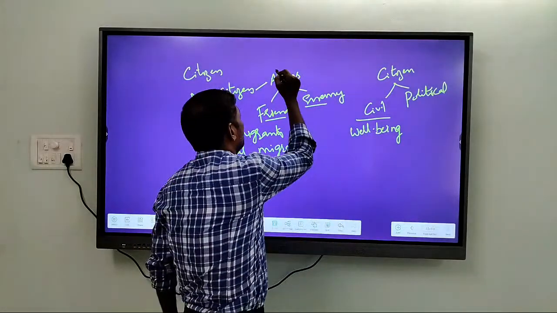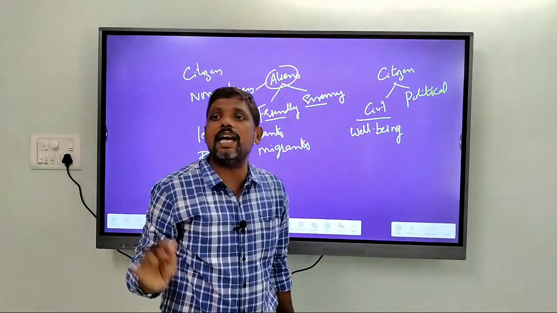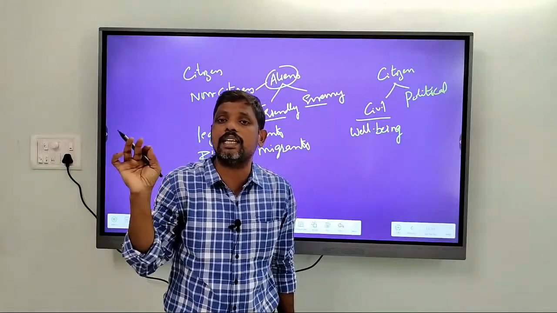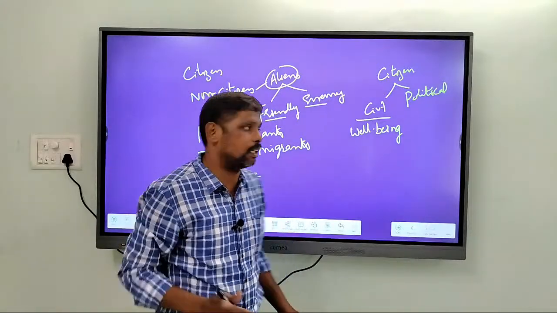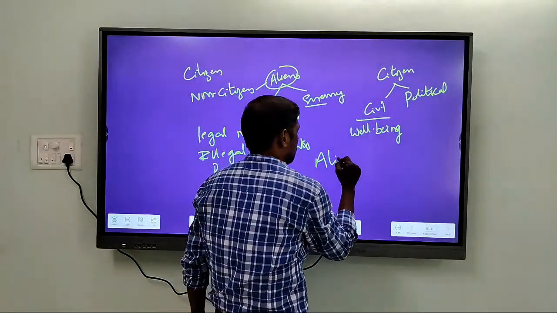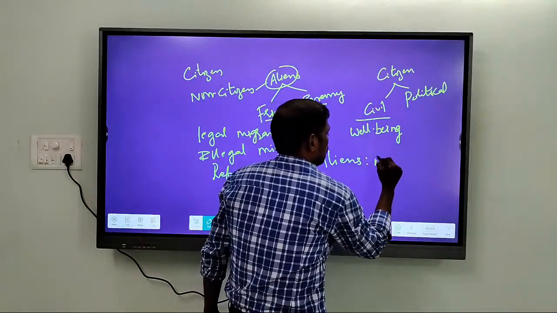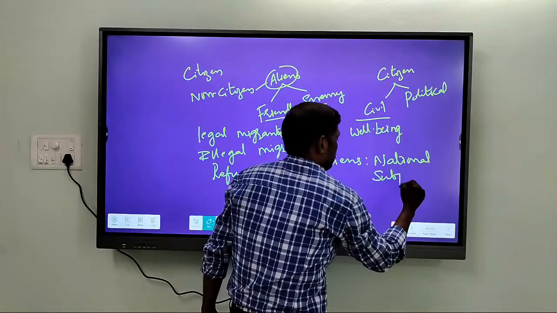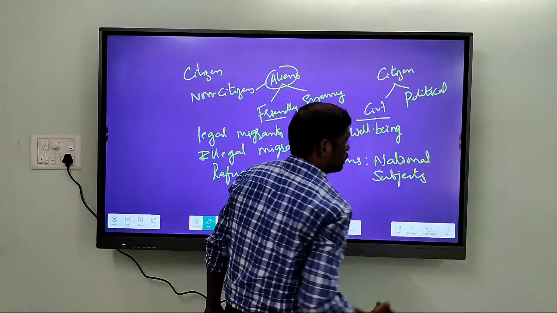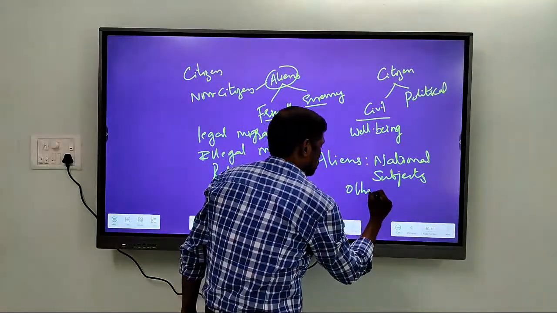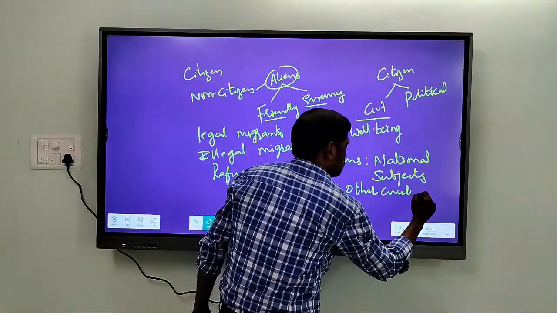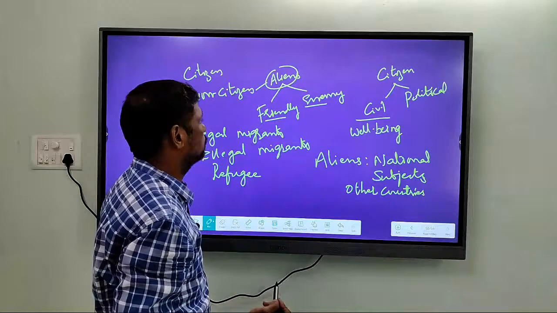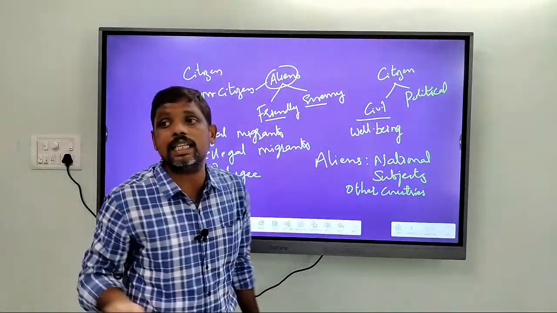Now coming to alien. Alien means a national or subject of other countries, that is, foreign countries. Again, when we talk about aliens, we have friendly countries and enemy countries.